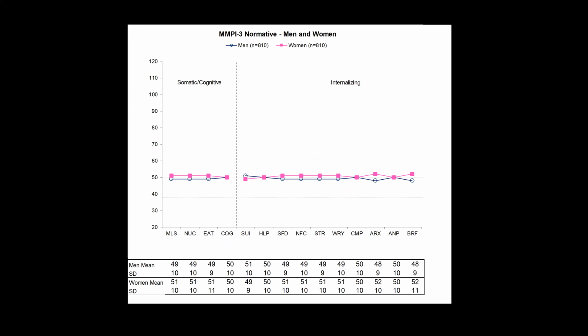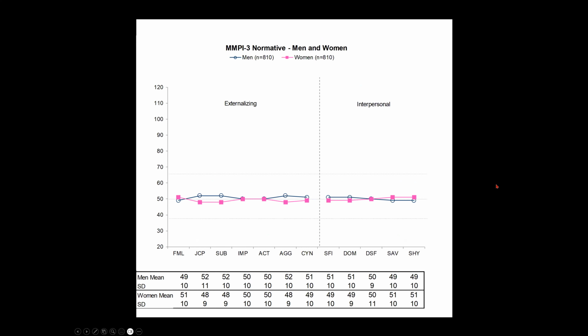Same result with our somatic and cognitive scales. Here we see a 4-point difference with the women scoring higher than men on anxiety-related experiences in the normative sample. And looking at the externalizing scales and interpersonal scales, again, much more similarity.